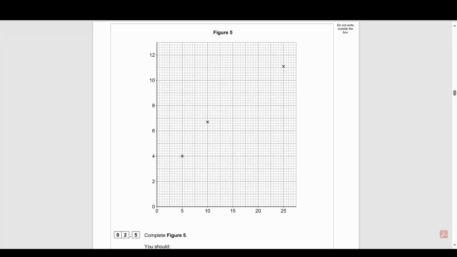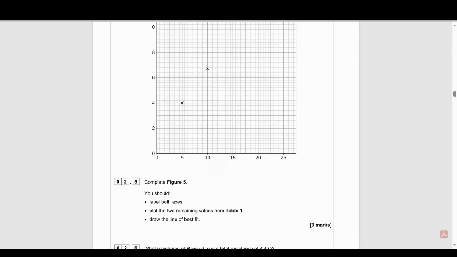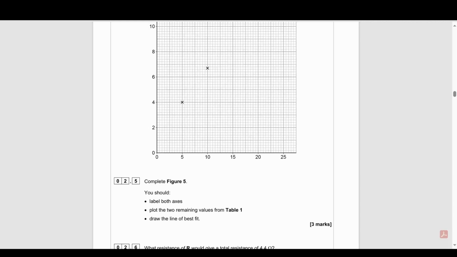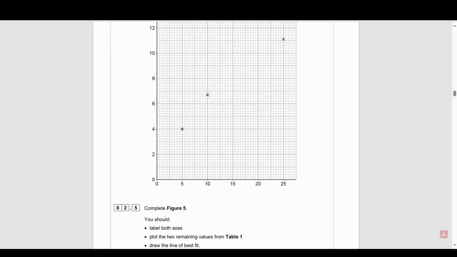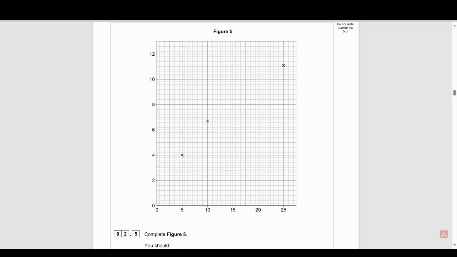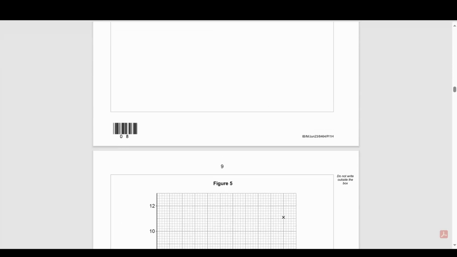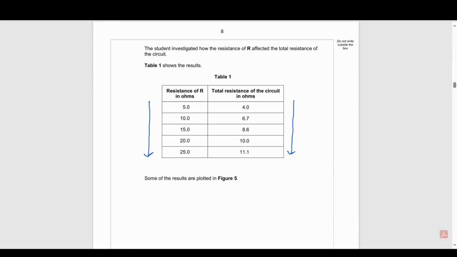2.5. Complete figure 5. You should label both axes, plot the two remaining values from table 1, draw the line of best fit. So let's do each in order. We're going to label both axes first. Our x-axis should be the first column on our table, and our y-axis should be the second column on our table.